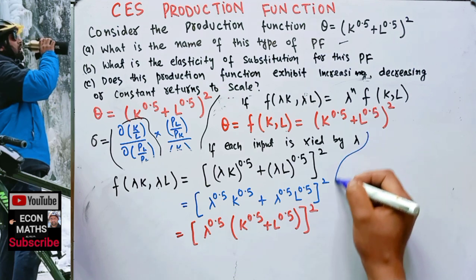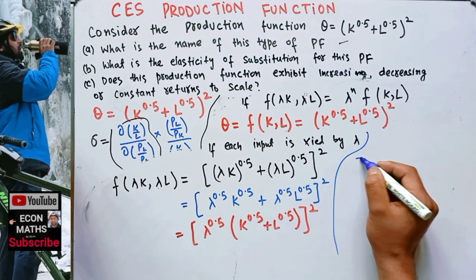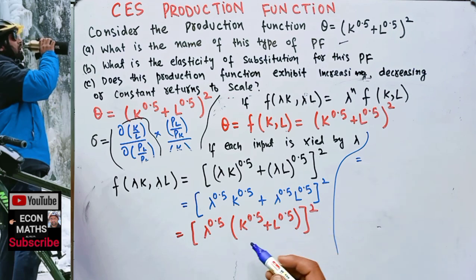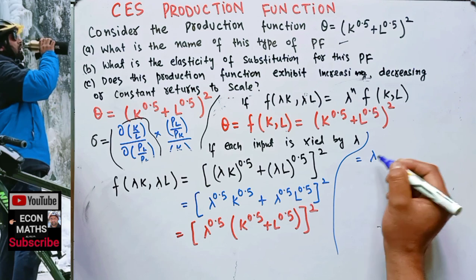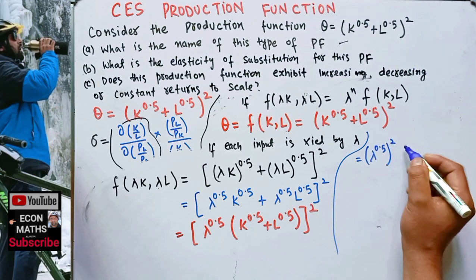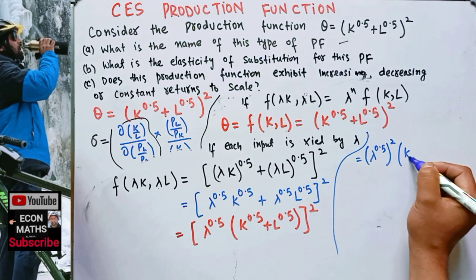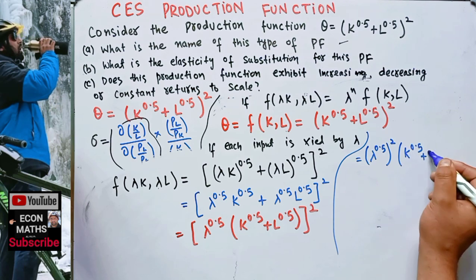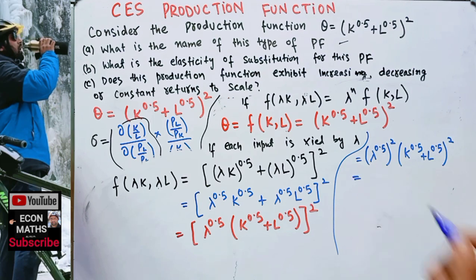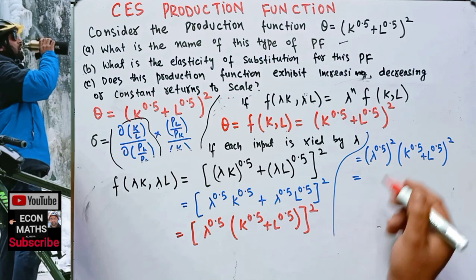And this can be written as, let's expand it now, lambda raised to the power 0.5, whole squared, times k to the power 0.5 plus l to the power 0.5, whole squared. So 0.5 into 2 becomes 1.